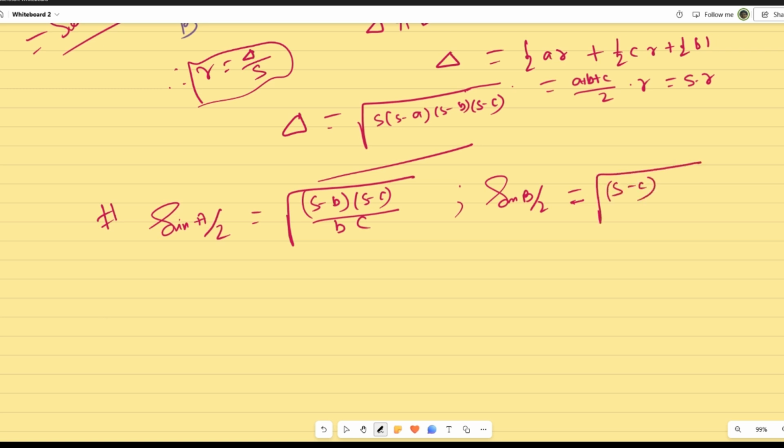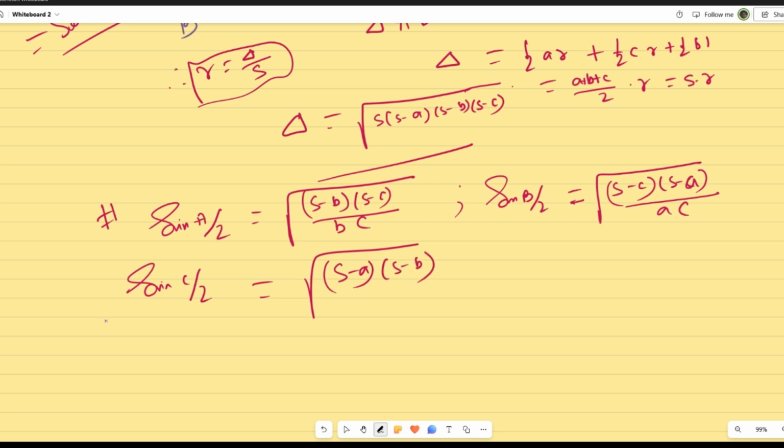Sin C by 2 is the square root of S minus A into S minus B by AC, S minus A, S minus B by AB. This is one set of formulas. Next there is another set. If we mention this one as formula 5, formula 6 for cos A by 2.